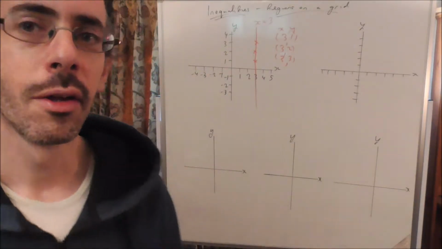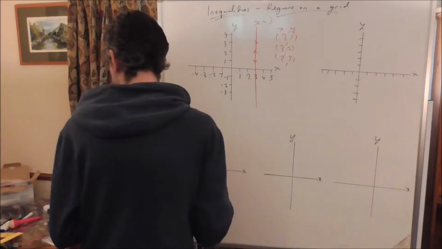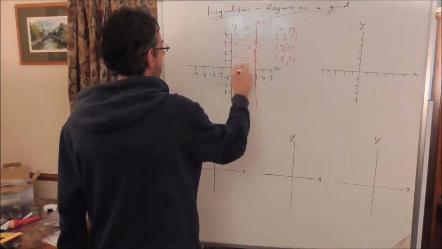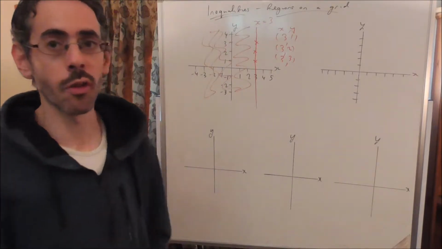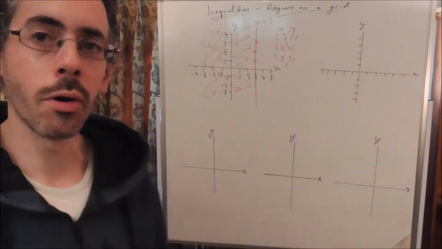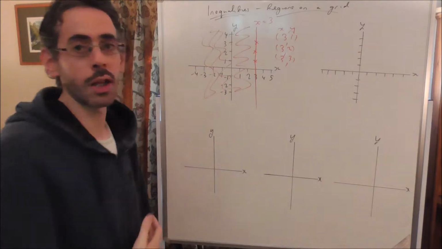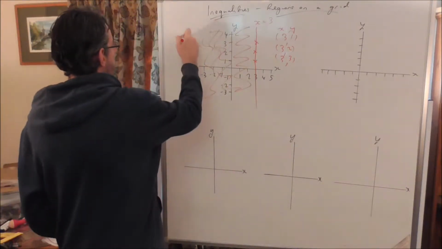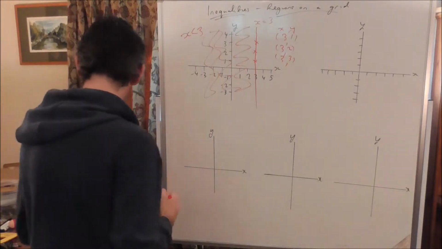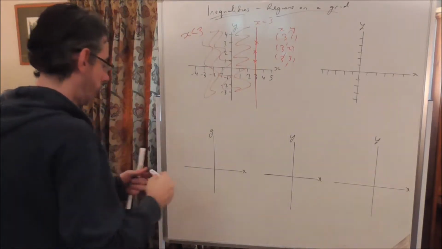Now what can we say about the x-coordinates of points on the left of the line, over here? Well, points on the left-hand side of the line all have an x-coordinate less than 3. So we can label this whole region x is less than 3. And what about points on the right-hand side of the line?